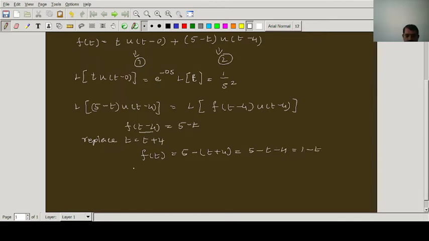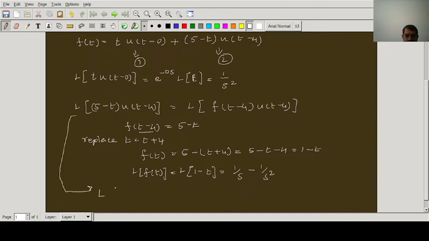Now we apply the Laplace for this one. We get the answer Laplace of 1 minus t, that is 1 by s minus 1 by s square. Now we write the answer for this one.